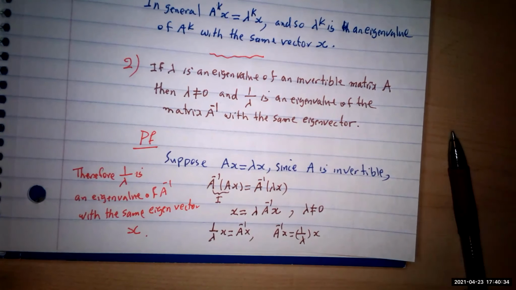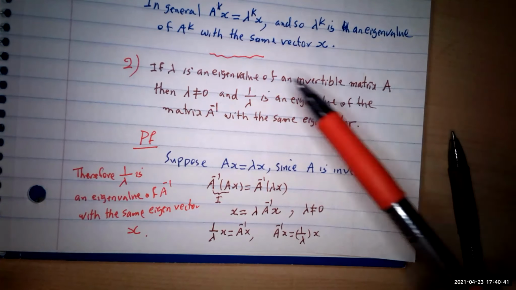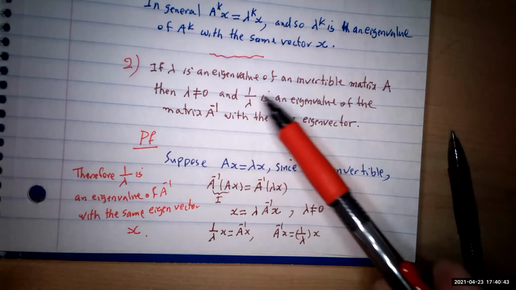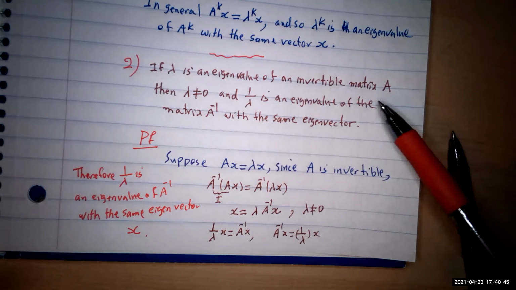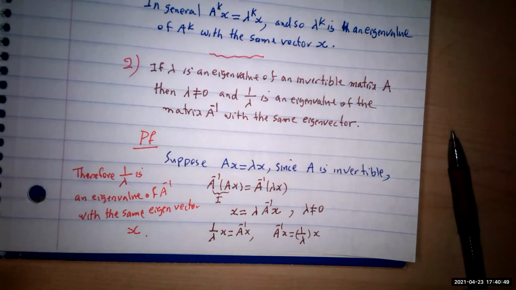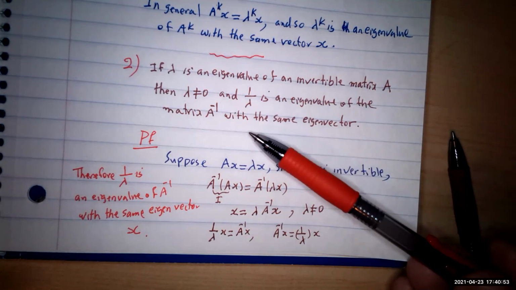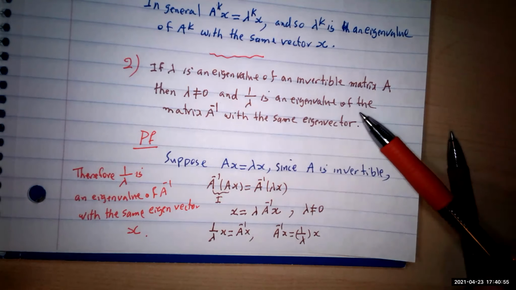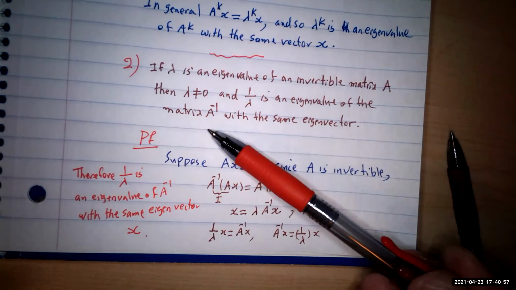Okay, again, it's one more problem in your book. If A is invertible and lambda is an eigenvalue of A, then the reciprocal of lambda, 1 over lambda, because lambda is a number, is going to be an eigenvalue of A inverse.